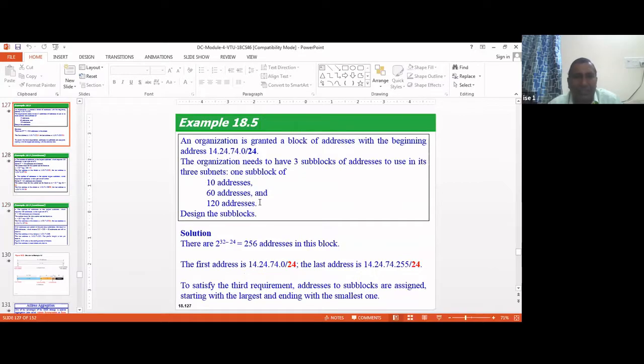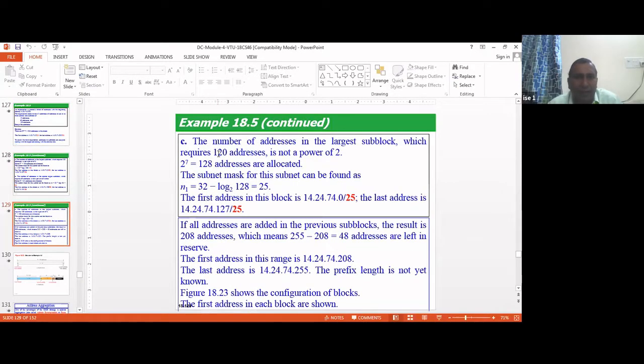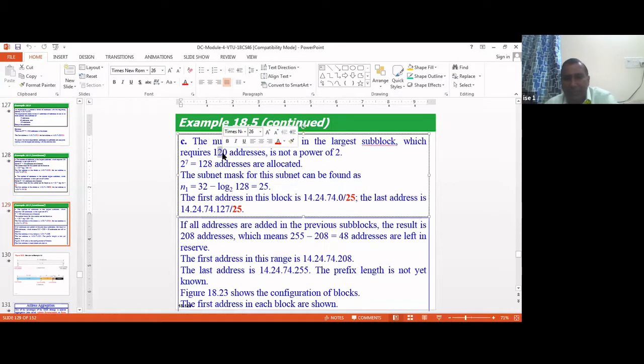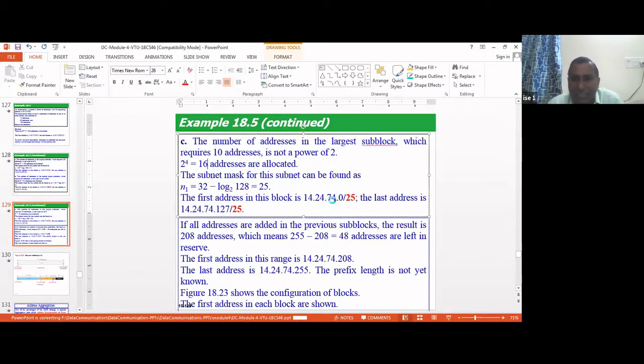So 10 addresses, which is not a power of 2. The nearest is 2 to the power 4, which is 16 addresses. So one sub-network has to be given 10 addresses. This is what our formula was. Can you see the screen, everyone?